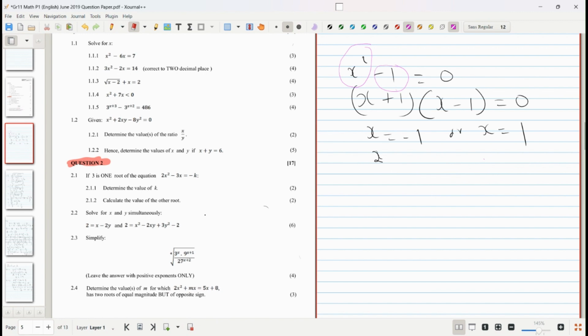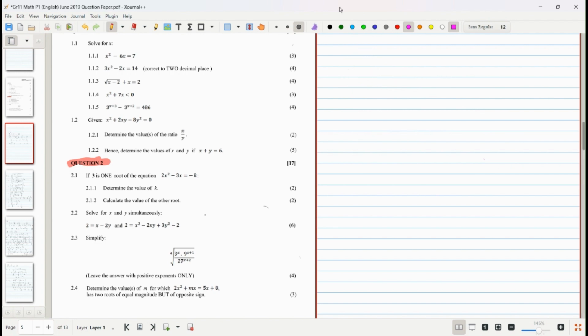So let's write this equation in its standard form.